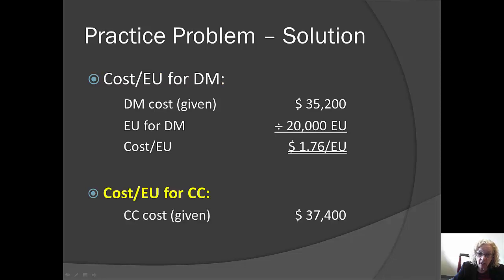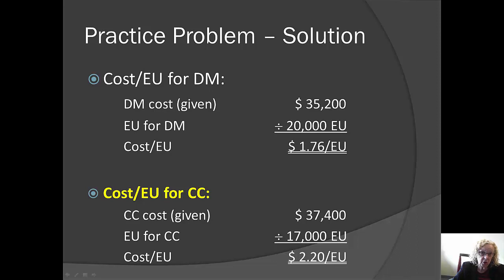For conversion, we take the total costs for conversion, which was given to us, divide by the total number of equivalent units for conversion, and that tells us the total cost per equivalent unit.